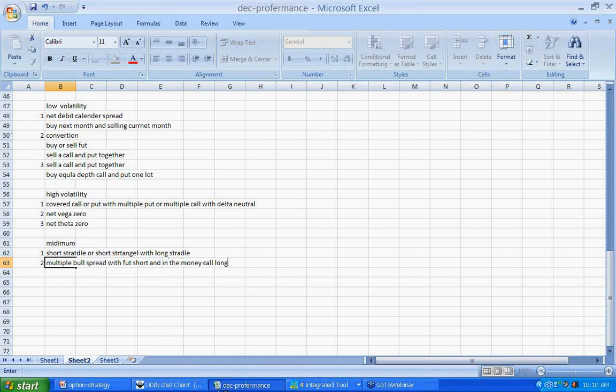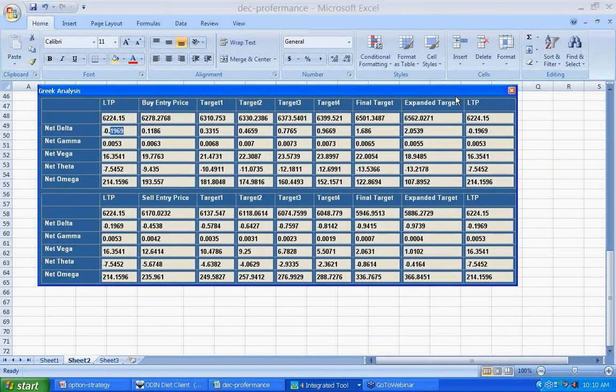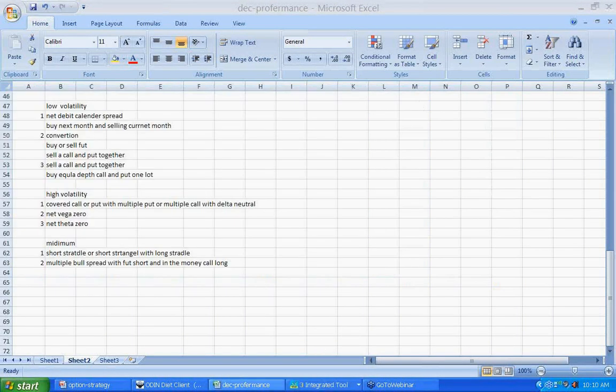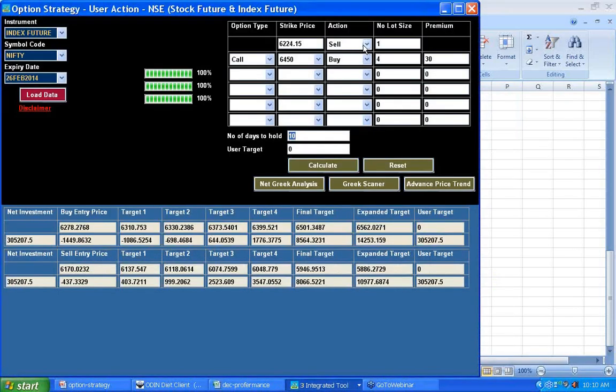So just see, assuming the Nifty has entered the medium volatility band, if I am going to think in that aspect, so I'll be in the medium volatile band and price is falling. So in this case, what I can do, I can sell the Nifty and buy a call option, in the money call option preferably.